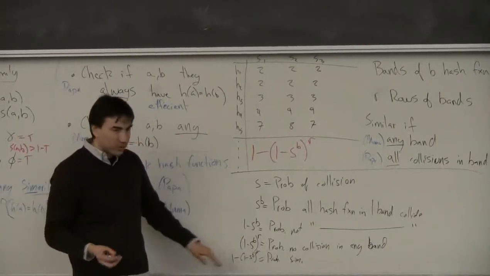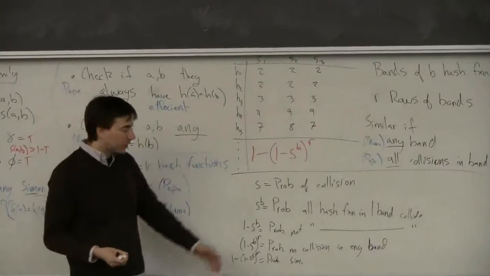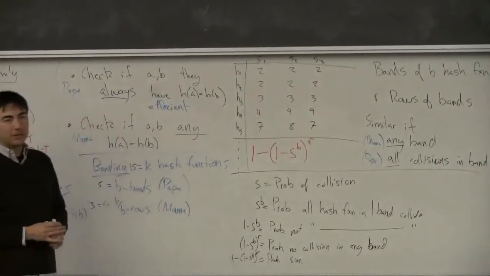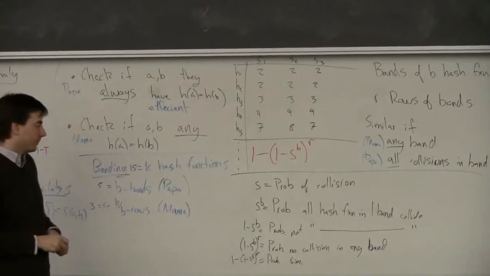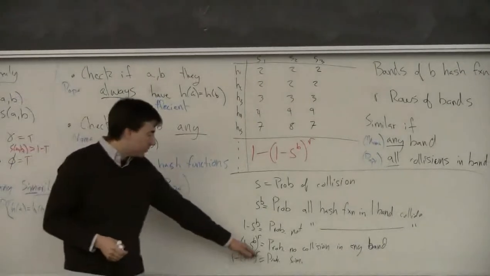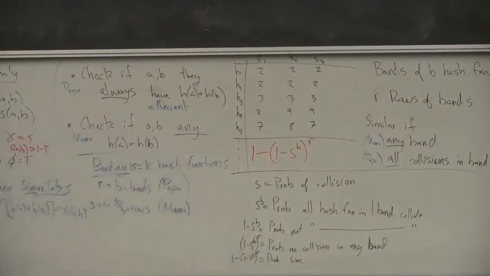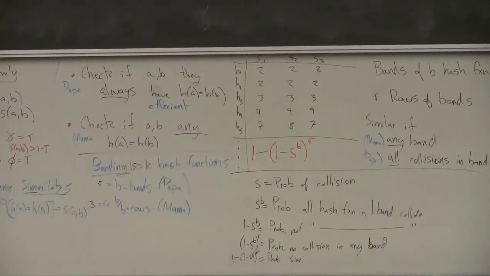So 1 minus that probability is the collision in at least one of the bands, which means everything in that one band collided. Now these two parameters B and R are controlling this, and this red value here is going to look like this black curve here. It's going to be an S shape.